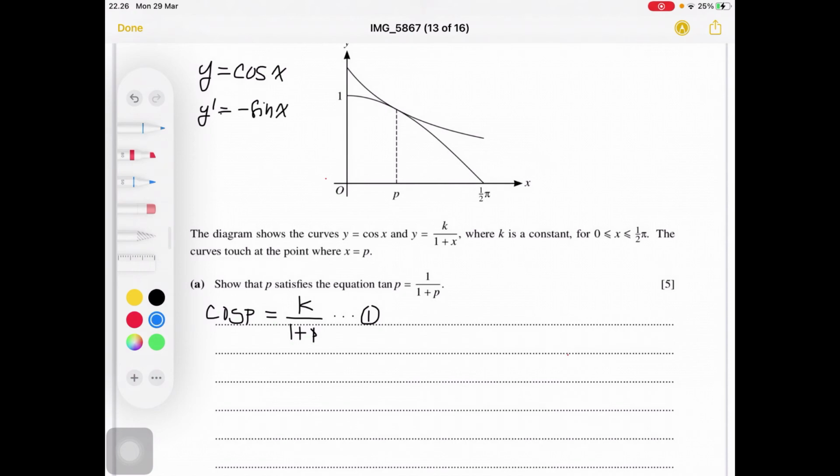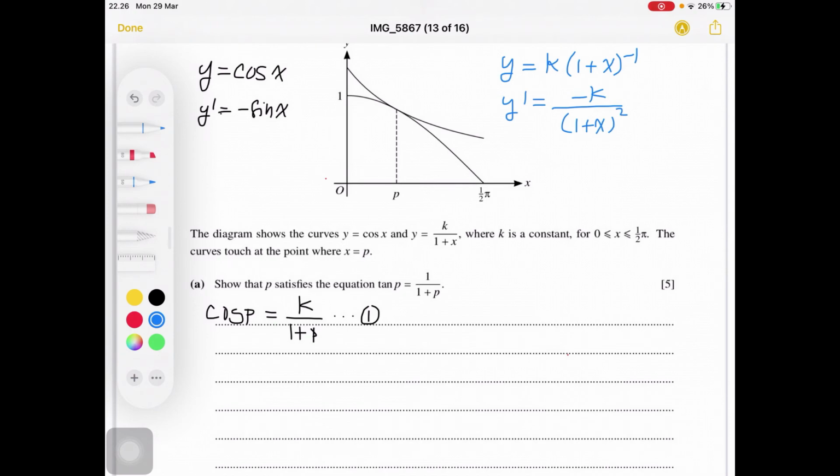While for the second curve, y is equal to k(1 plus x) to the power of negative 1. The gradient is negative k over (1 plus x) to the power of 2.